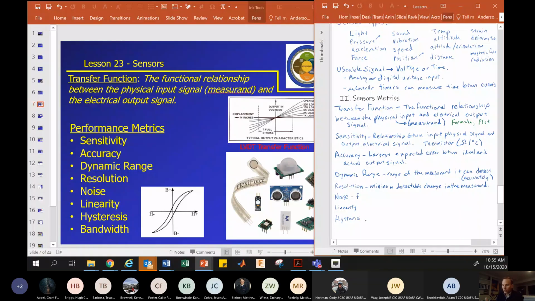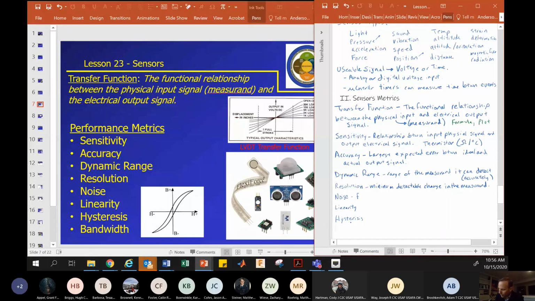So if your microcontroller has a sensor hooked to it and you're reading a voltage, you're just looking at that voltage. Maybe it's a voltage over time. How do you know what you're seeing is the actual change in the environment versus what might be noise added to that?